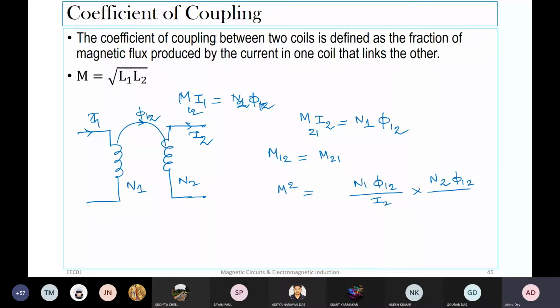So if you just change their position, like if you bring I1 here and I2 here, you can write like this. Now, as I told, phi12 is a fraction of total phi. So it is this.